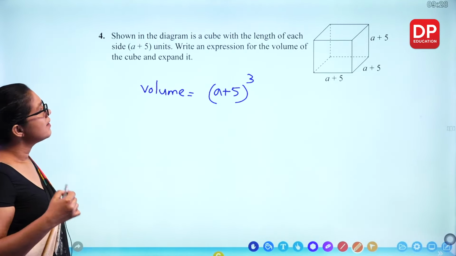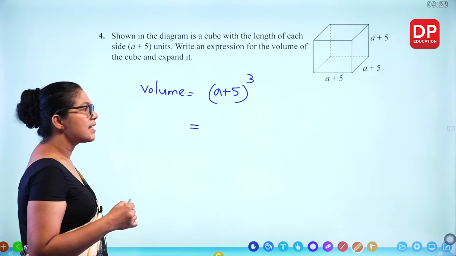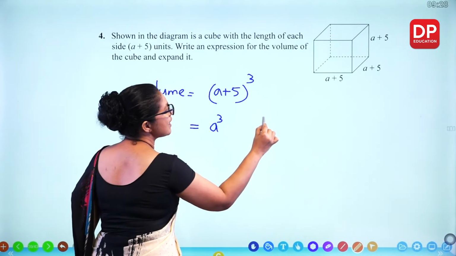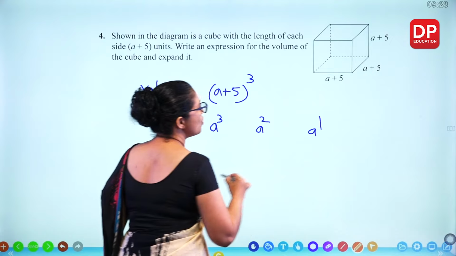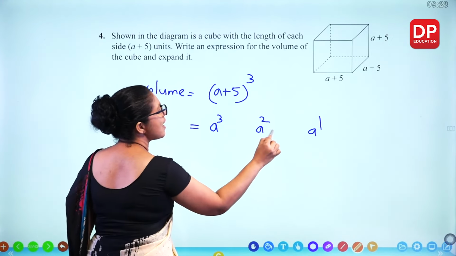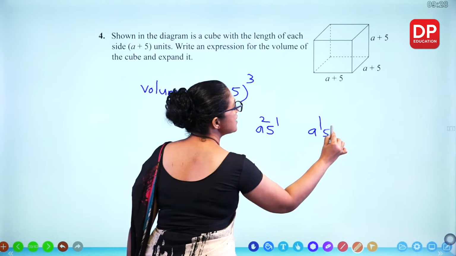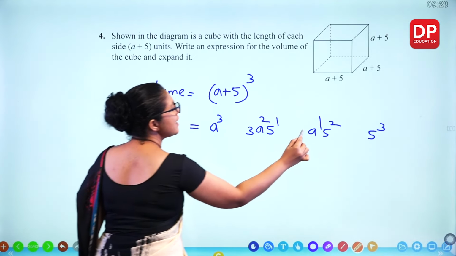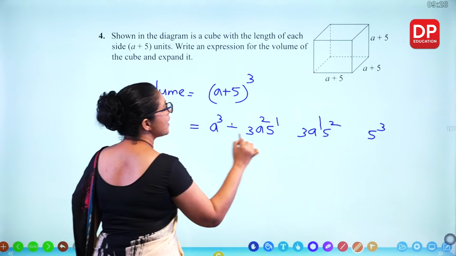Then they asked to expand this. So this is power 3. So you can expand using the pattern. First term power 3, second term power 2. And what happens to the last number? Starting from 5, it increases. And then you put 3 here and all pluses.